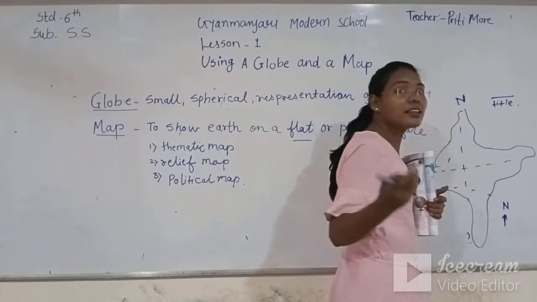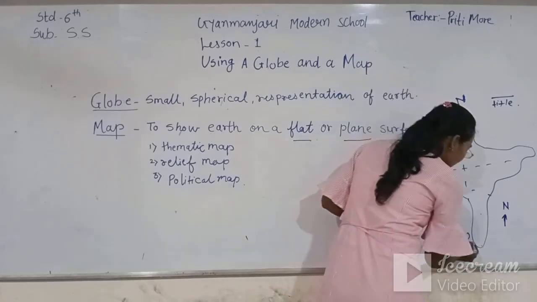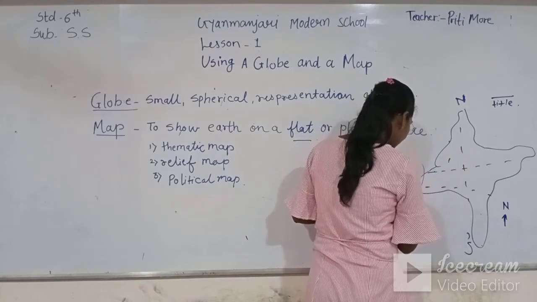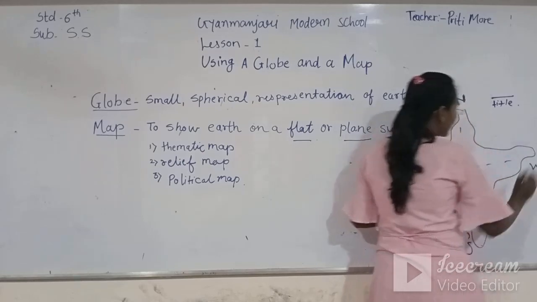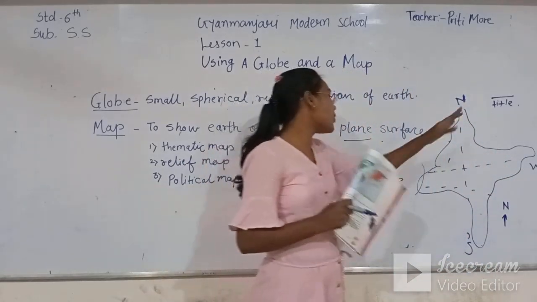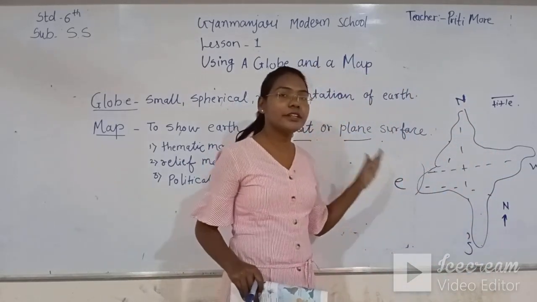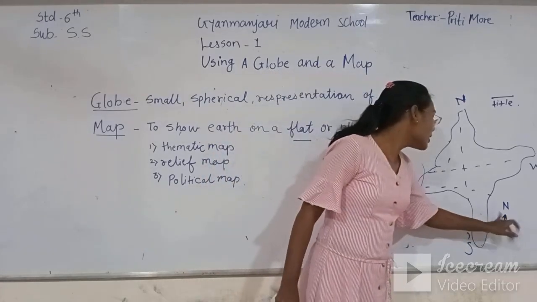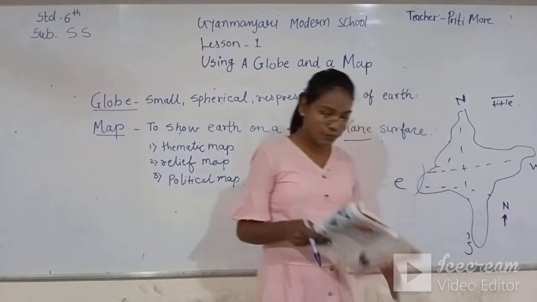So we can get the other three sides like south, east and west. You can get these four important directions from the clue of this arrow.